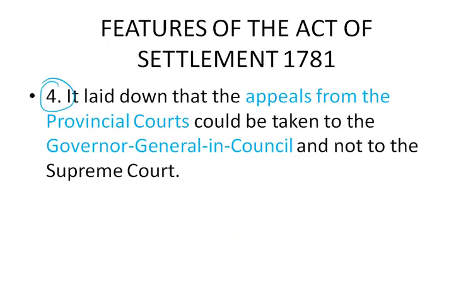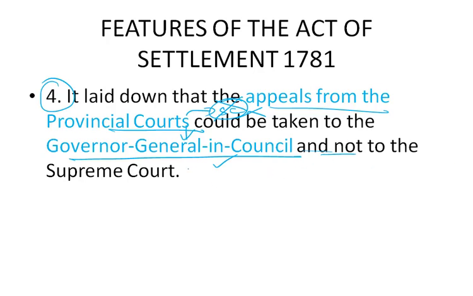The fourth feature is that appeals from the provincial courts, previous to this act, would go to the Supreme Court, as we discussed earlier. But this act laid down that appeals from the provincial courts could be taken by the Governor General in Council, and would not go to the Supreme Court.